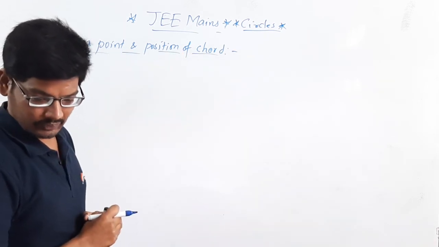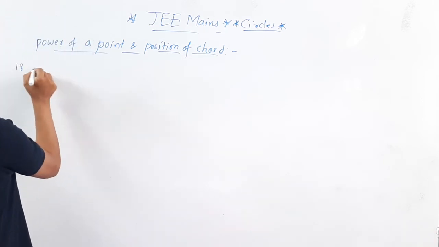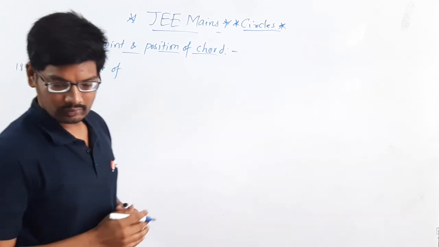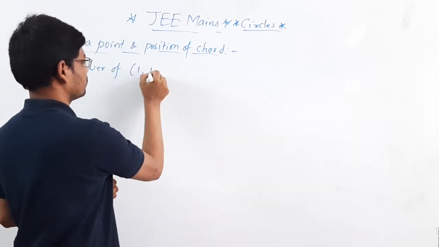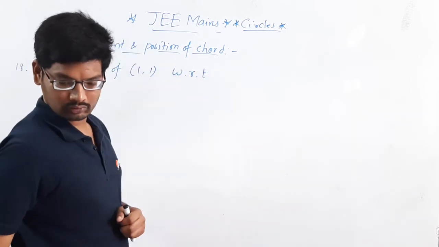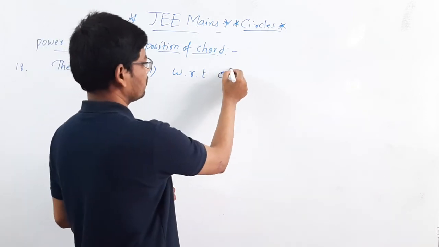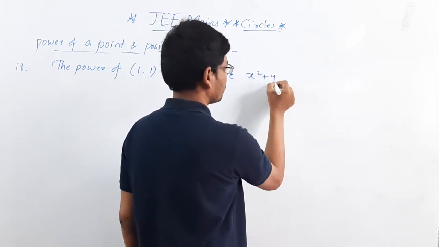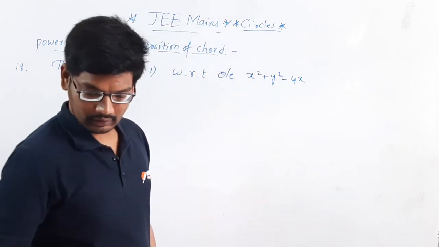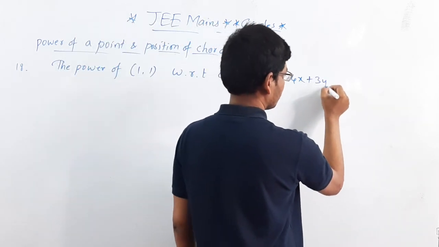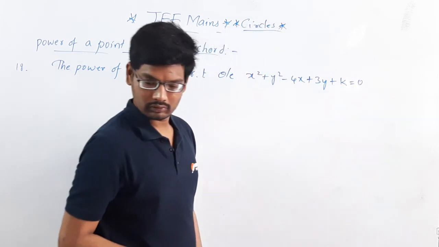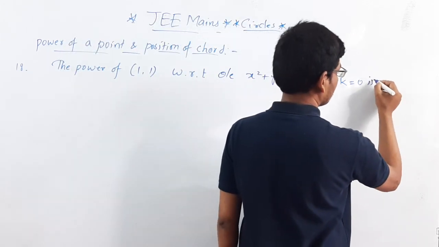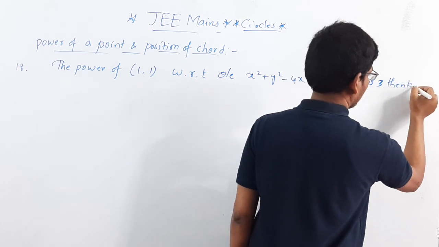The question number is 18. The power of (1, 1) with respect to the circle x square plus y square minus 4x plus 3y plus k is equal to 0 is 3, then k is equal to how much?